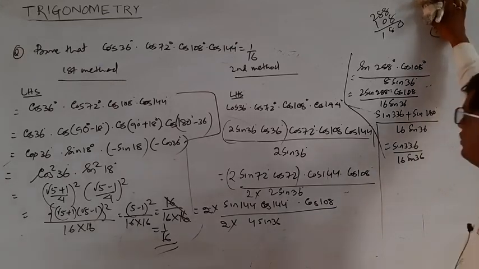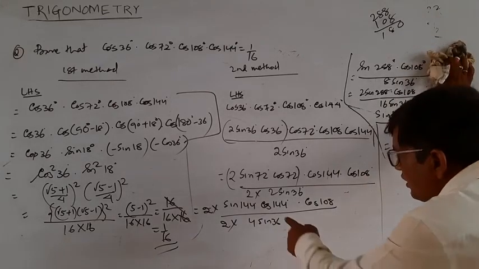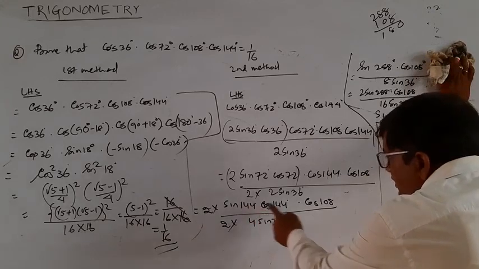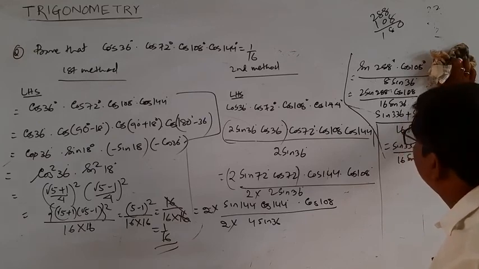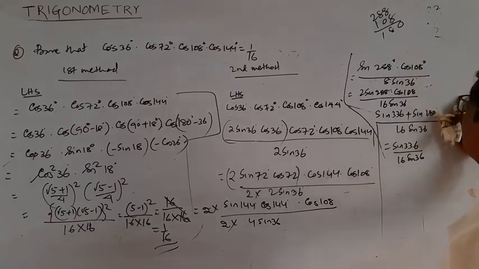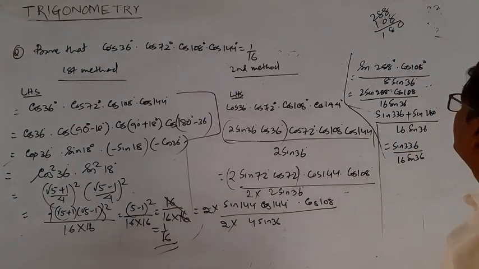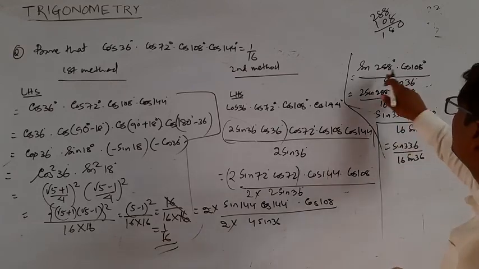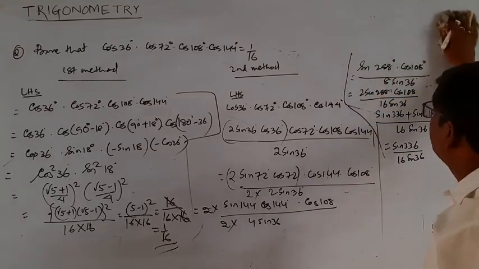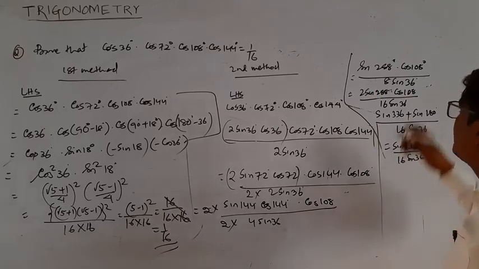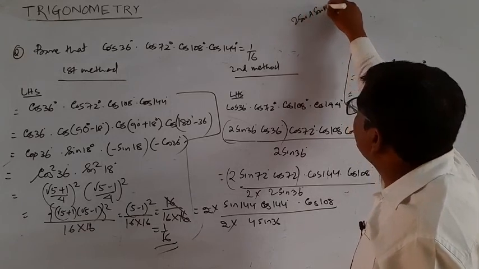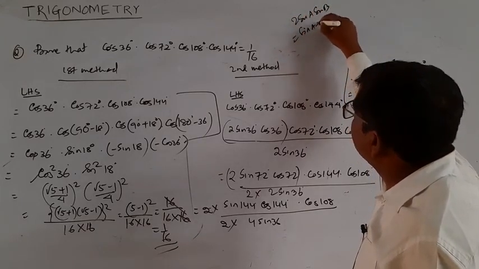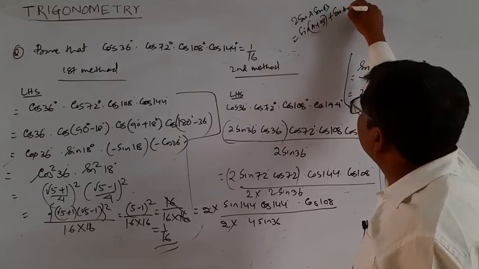So this can be 2 sin A cos B, that is sin 2A, sin 288, and this is sin 108. So 2 sin A cos B is equal to sin A plus B plus sin A minus B.